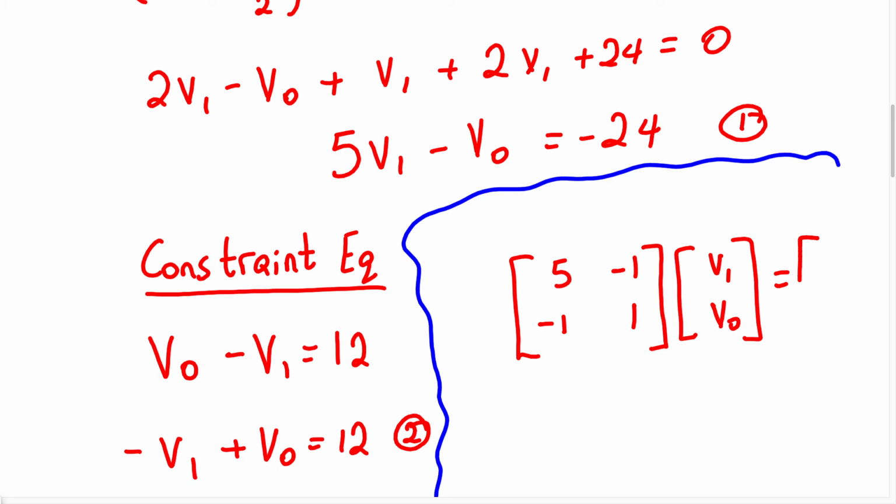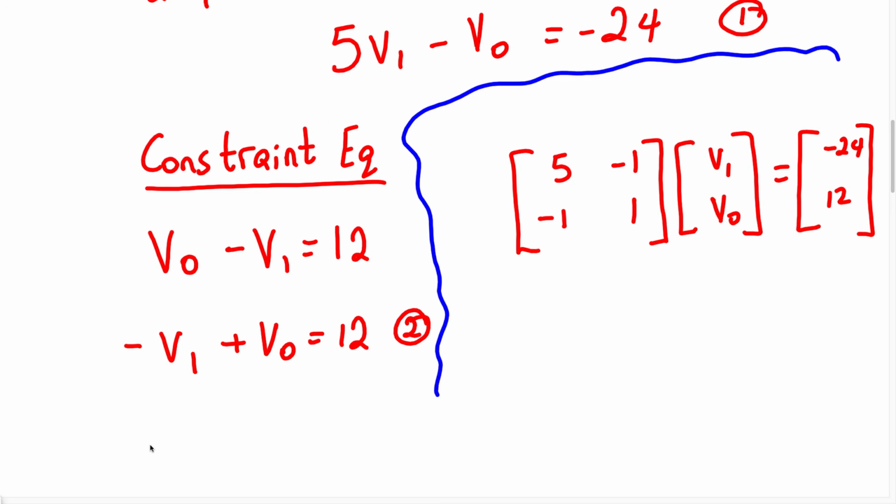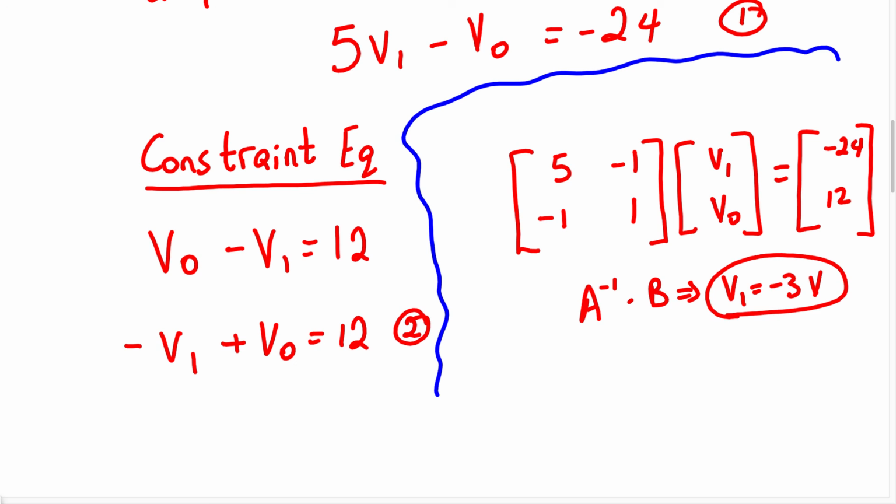And that equals negative 24 and 12. Now when we put this in our calculator, we're going to take the inverse of A and multiply it by B. So we know we're going to get V1 equals negative 3 volts. This is the voltage at node 1. And VO equals 9 volts. So that's the voltage across that resistor, right?